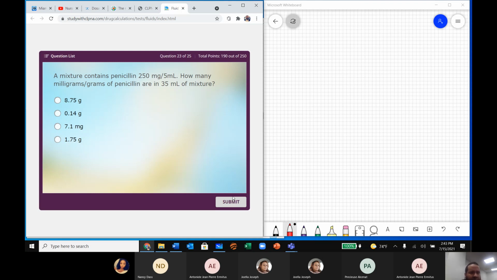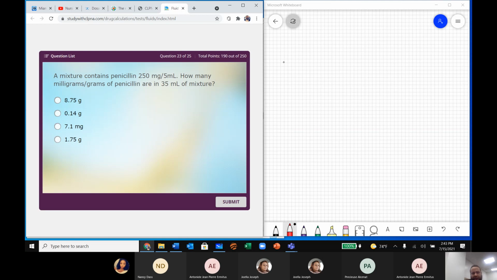Okay, we have the mixture containing 250 milligrams in 5 ml, and we need to get how many milligrams we have at 35 milligrams. Same process as we did before.